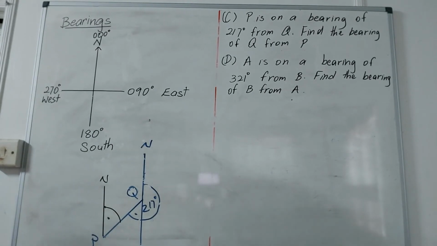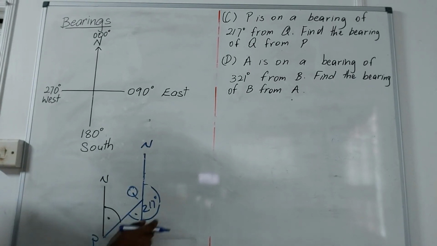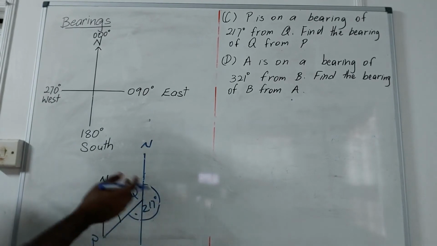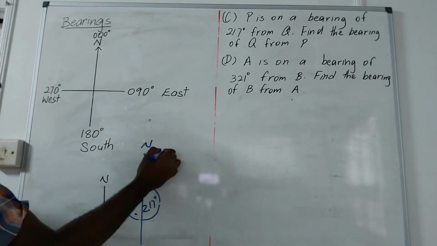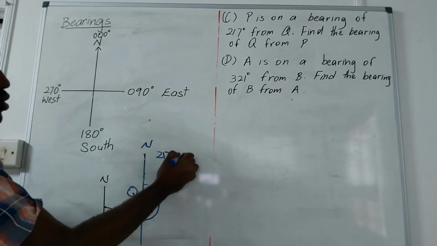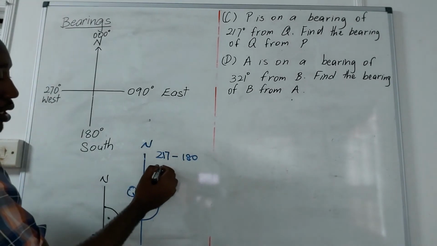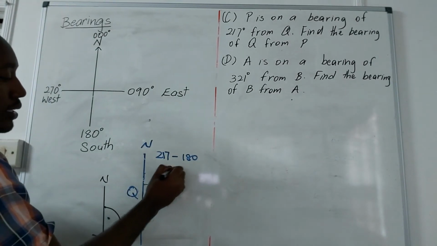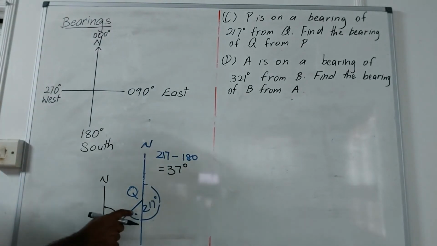Remember, if this straight line is 180, the difference of 217 and 180 will give me this angle here. So 217 minus 180 will give me the angle between there. So that angle will be equal to 37 degrees. So if here is 37 degrees, that means this angle here will also be 37 degrees.